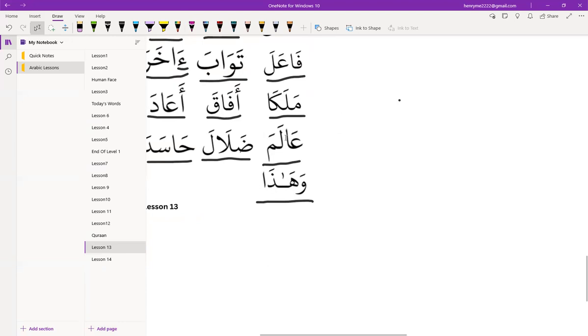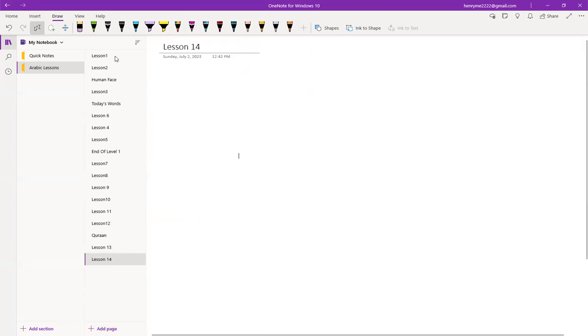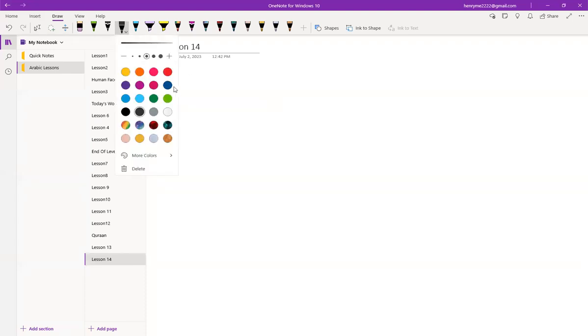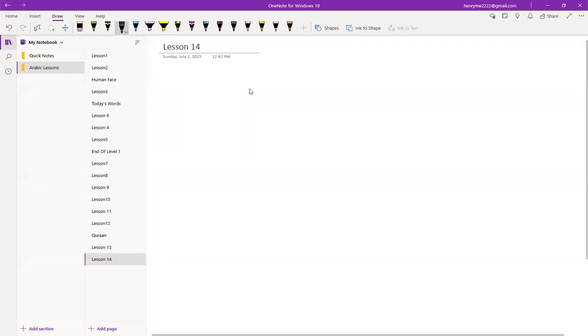A new secret about Arabic is that for alif, we have the regular one, the long one, and we have the short form of alif. The short form always comes with no hamza. It's like half of the size of the actual alif.